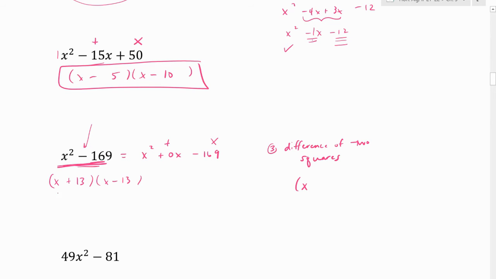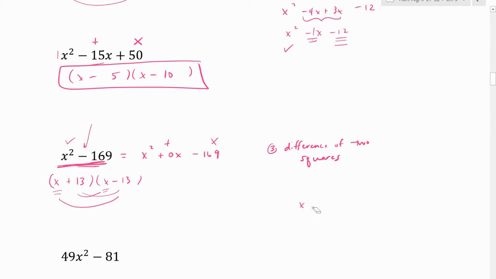Do you notice what we did is x, x, that got to be the x squared. This and this were the opposites, so they get the 0, and then minus 169. So if you've got just anything where you do like plus 2x minus 2, that'll give you x squared minus 2x plus 2x, that's gone, minus 4.